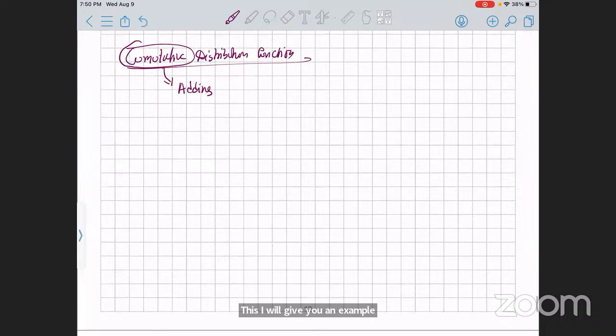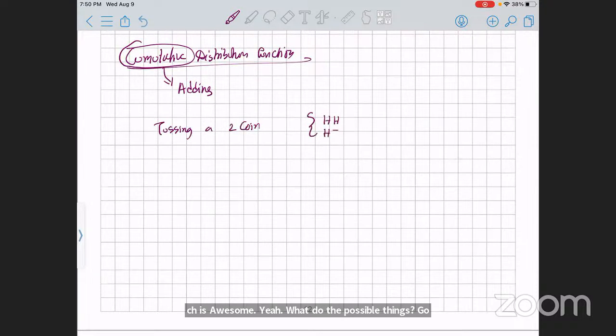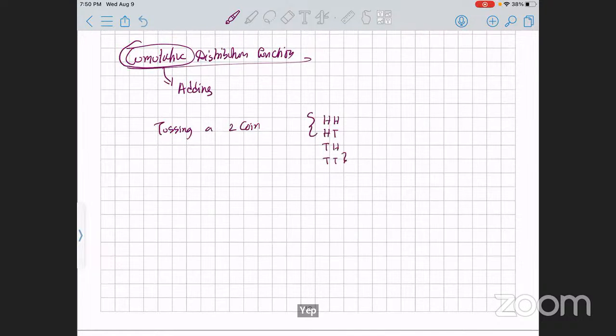For easy understanding, let us take the example of tossing 2 coins. What are the possible outcomes? Head-head, head-tail, tail-head, tail-tail: 4 outcomes.